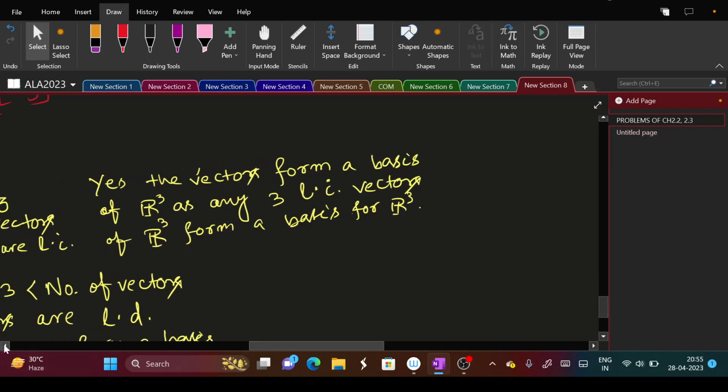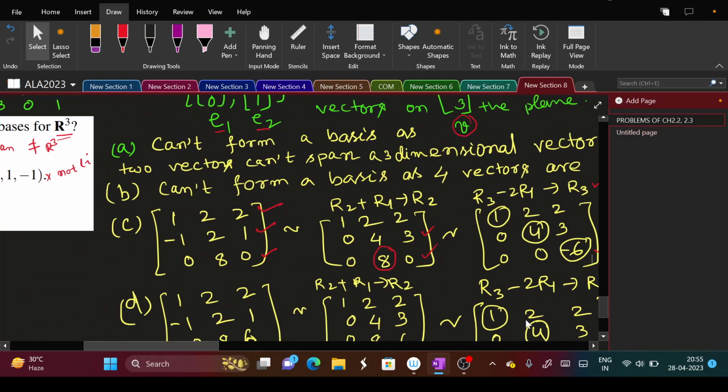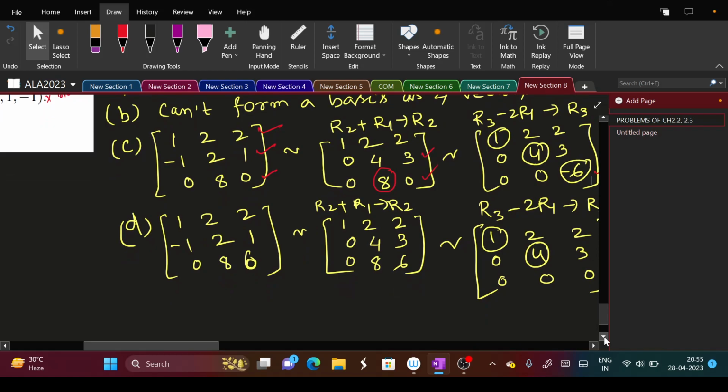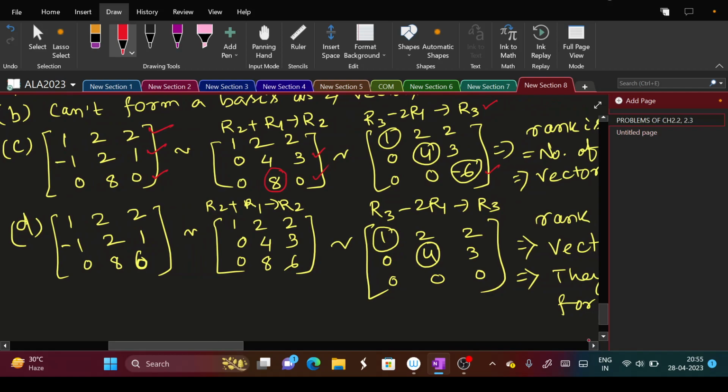Now the last, fourth part: everything remains the same, but the last 0 is replaced by 6. So the first operation remains the same, and next I will get the echelon form, and in the echelon form I will get two pivots, because this minus this is minus 8, this minus 6, so it is 0.